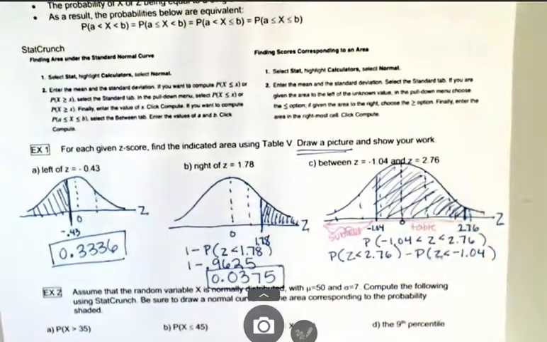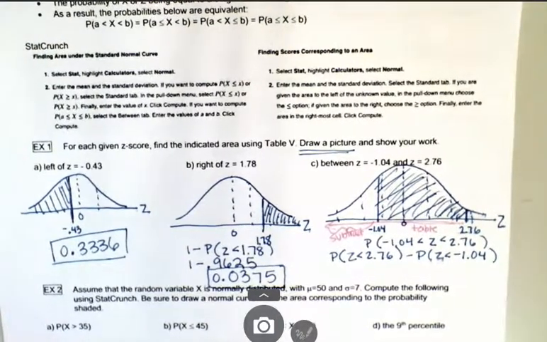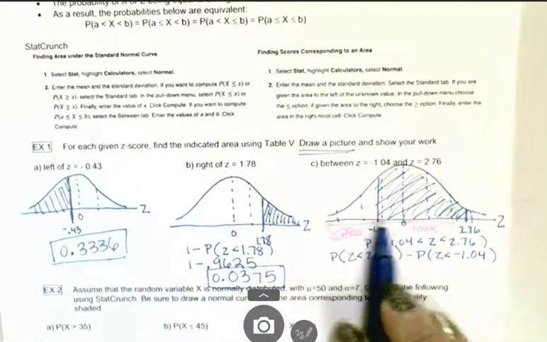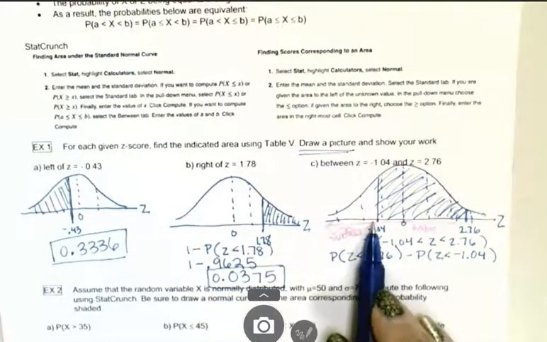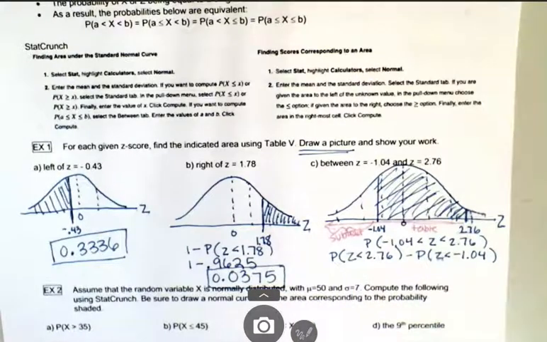So in this case, to find a between, I actually have to use the table twice. Once to find this area, and then once to find this unshaded area down here that I need to subtract.